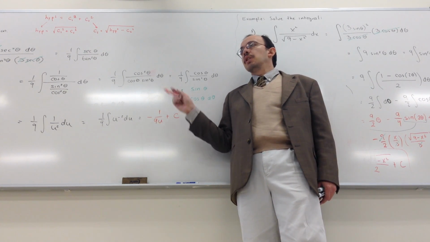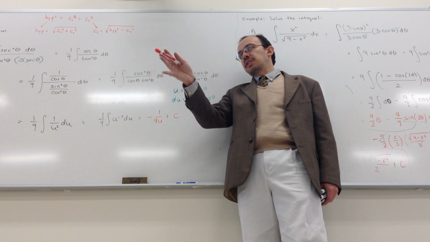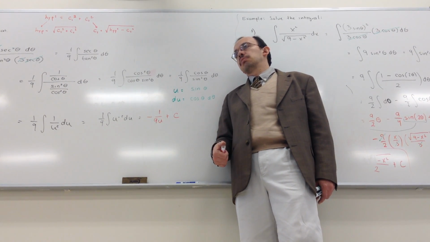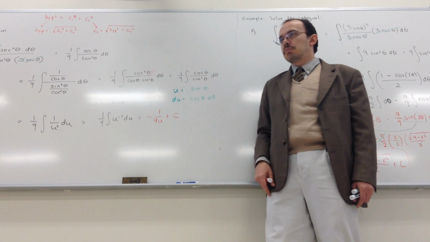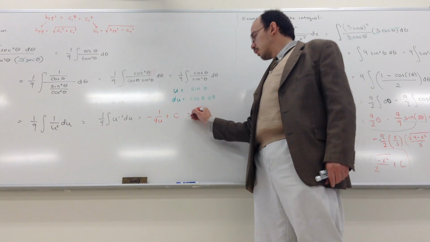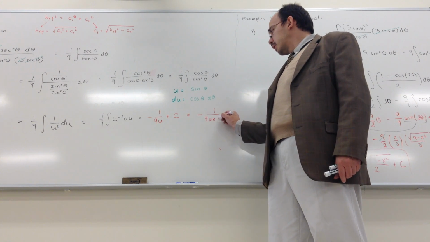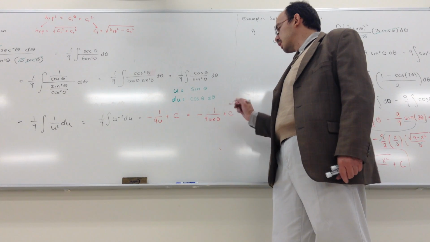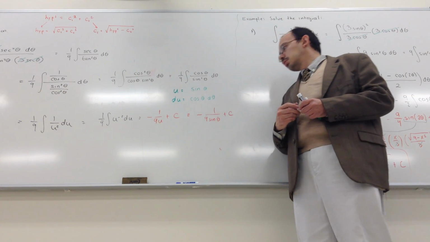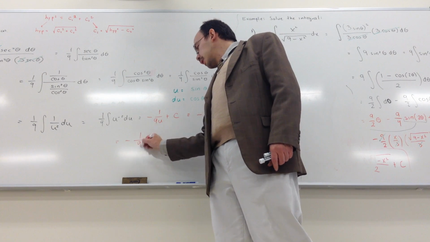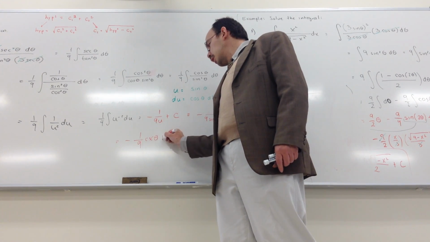If you change to cosine, cotangent and cosecant, then it's directly minus cosecant. The answer is going to be the same. Minus 1 over 9 sine of theta, which is this, minus 1 over 9 cosecant of theta plus c.